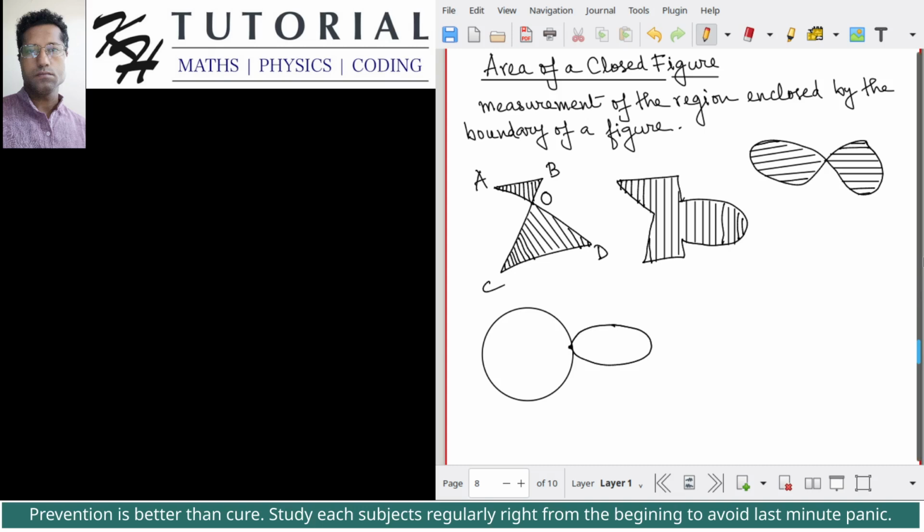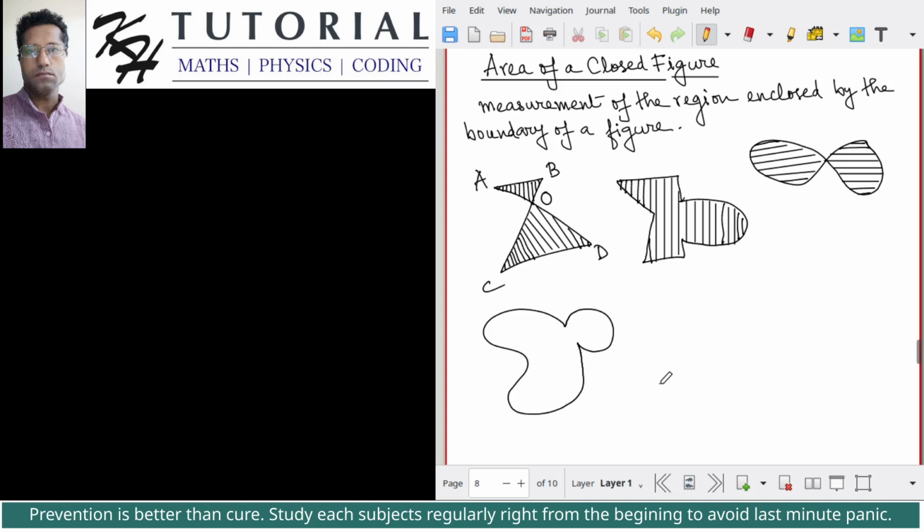Now let me properly draw the figure so that we can clearly understand what will be the region enclosed by the figure. Now this is simple.